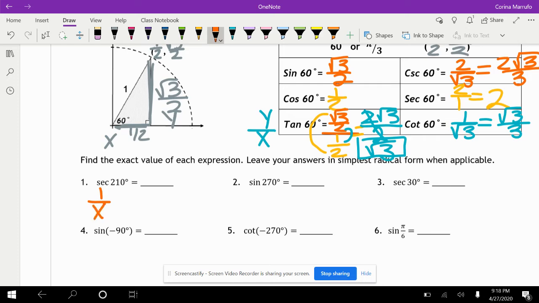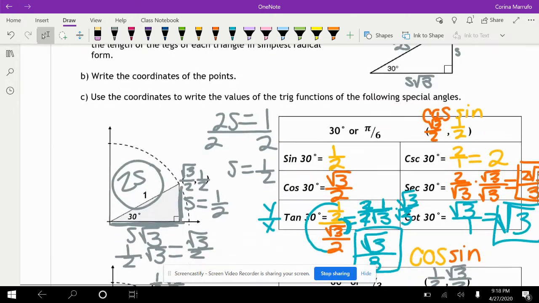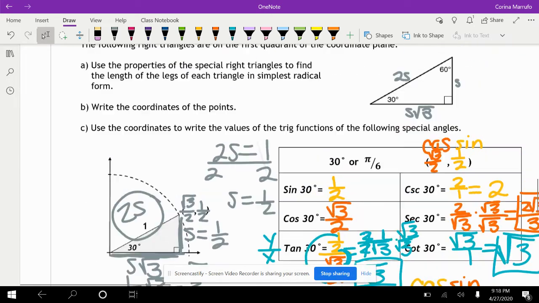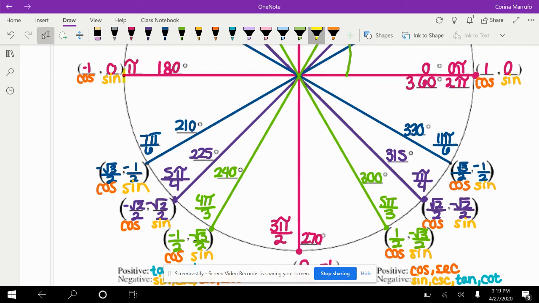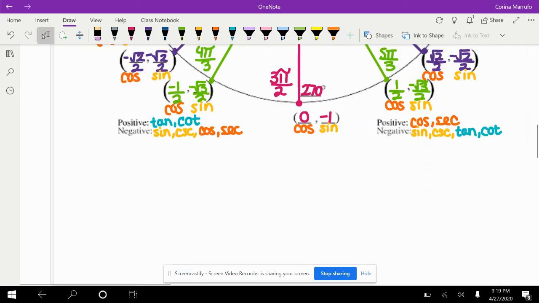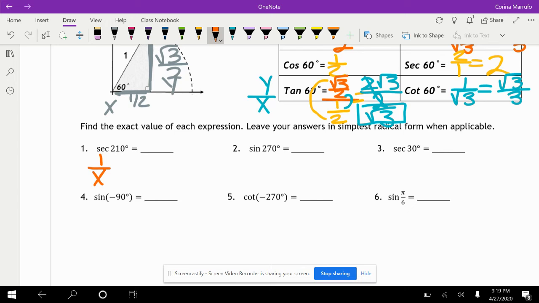Okay, so I'm going to go ahead and go up. Oh, I forgot to look at the angle. It's 210 degrees, so we find 210 degrees. Here is 210 degrees, and so we're going to look at our x value. My x value is a negative square root of 3 over 2. So we are going to do 1 divided by the negative square root of 3 over 2.